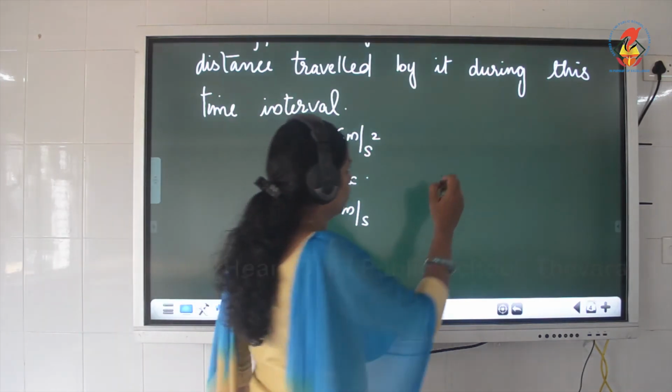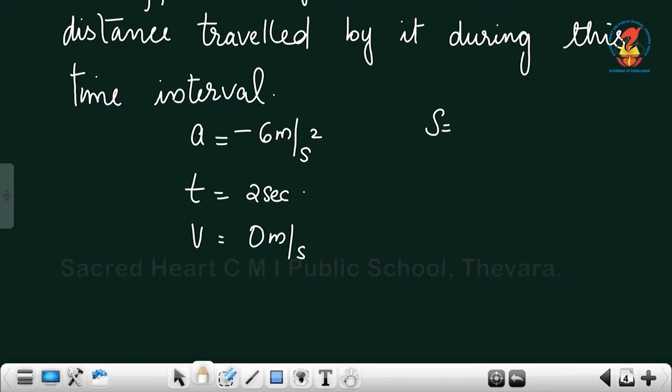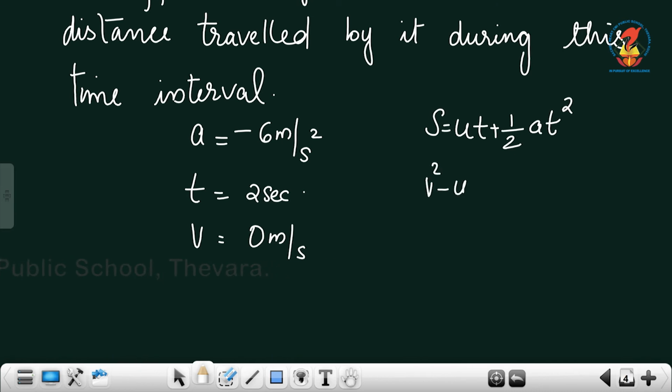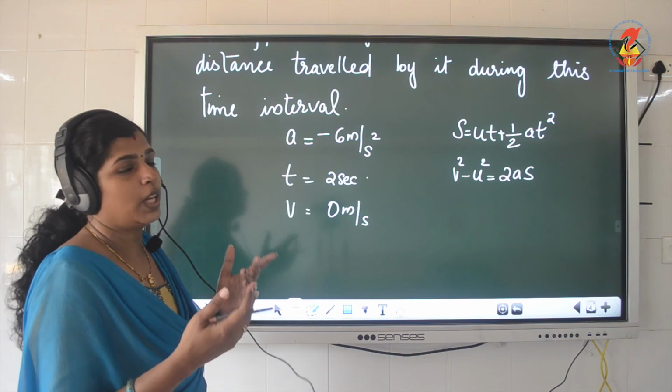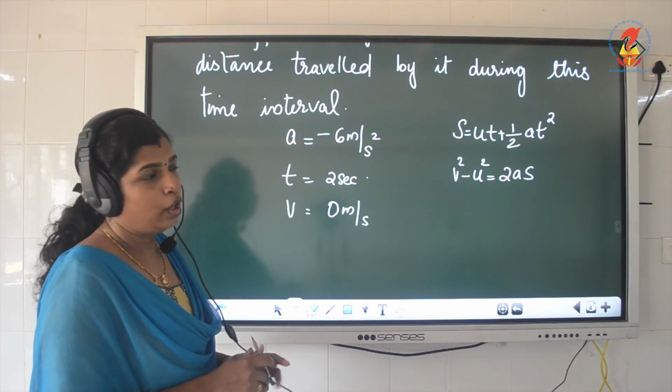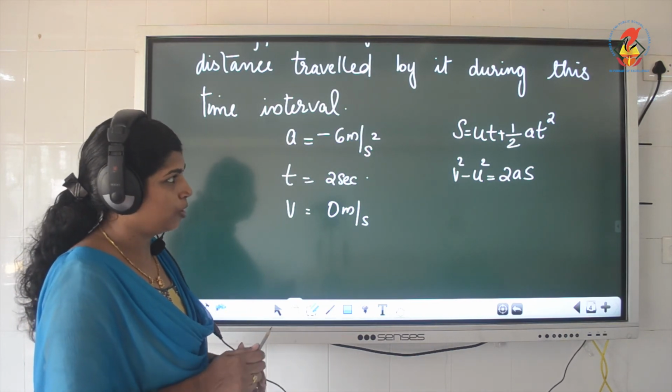So, two equations I will write: s equal to ut plus half at square, and v square minus u square equal to 2as. Any of these two equations we can use.